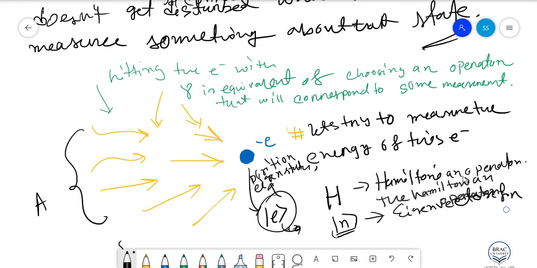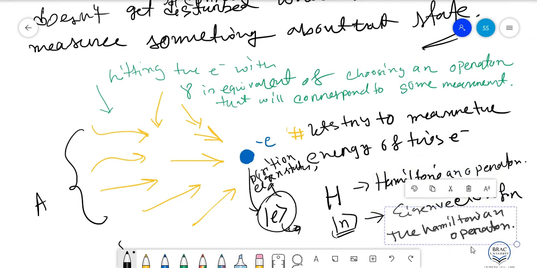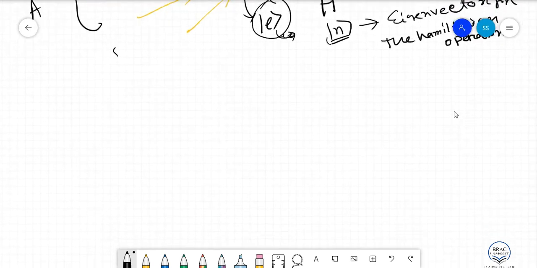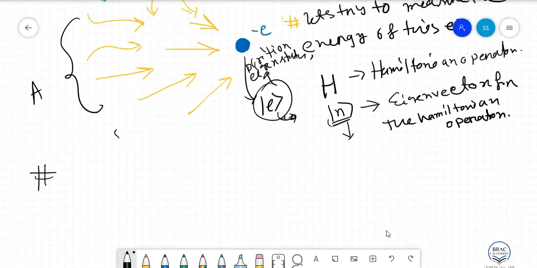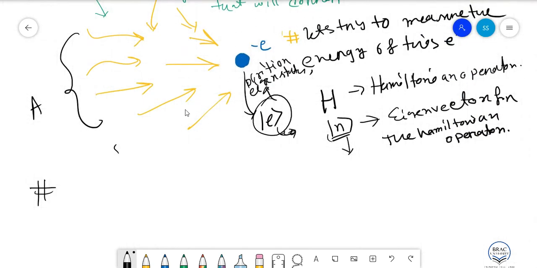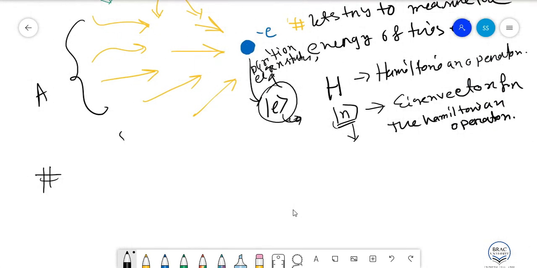So if you want to know the energy of the n state, that is this n which corresponds to this electron over here, all you need to do is apply this Hamiltonian over n, and it will spit out some energy.